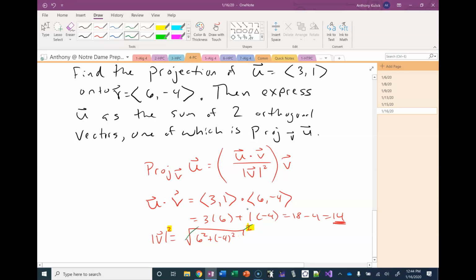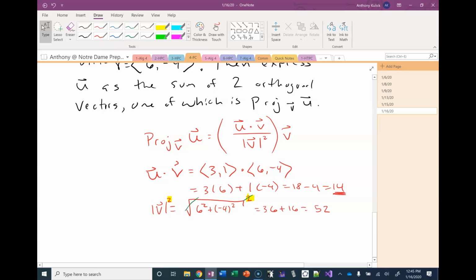Well, this squared cancels that square root. So what I really have is just 36 plus 16. That becomes 52. Everybody okay there? Good.